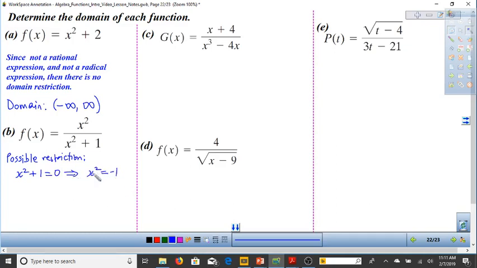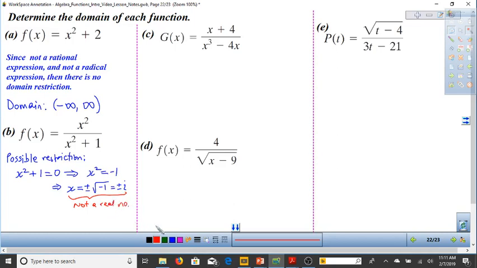And since when you square a real number, you don't get a negative, this would not be a real number. So that would require that x is equal to positive or negative the square root of negative 1, which is plus or minus i. That is not a real number. And our domain is only for real numbers.